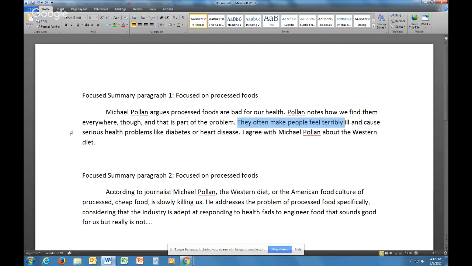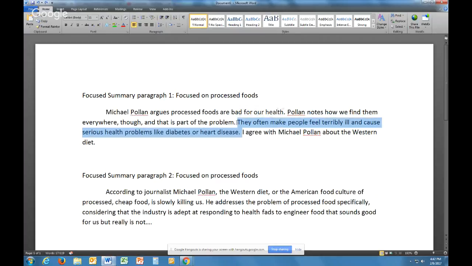He doesn't say explicitly that processed foods cause diabetes and heart disease. He says the entire Western diet does. So it's not just the processed food, it's the eating quickly, it's the not preparing your own food, not being together with other people. So you want to be careful that you stay close to what he actually says.